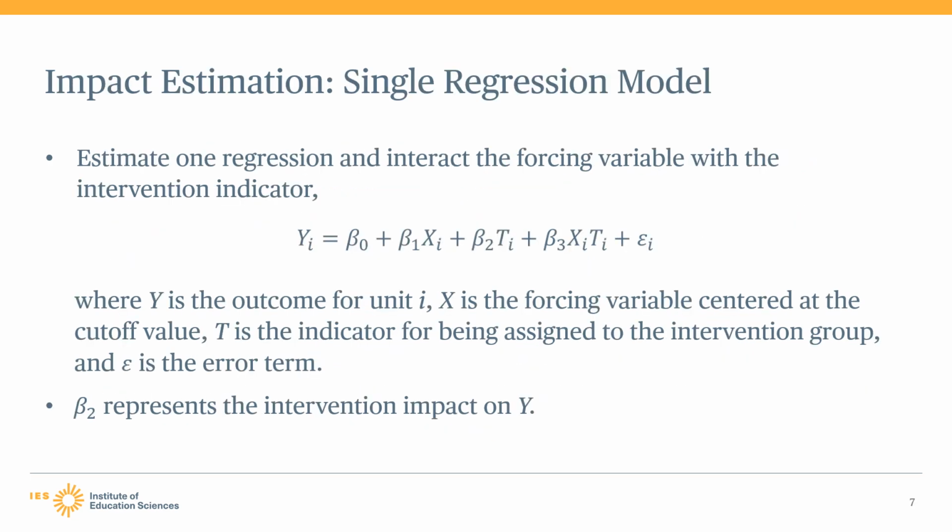One statistical approach for estimating intervention impacts in RDDs is to use a single regression model to estimate the discontinuity in the outcome at the cutoff value of the forcing variable.